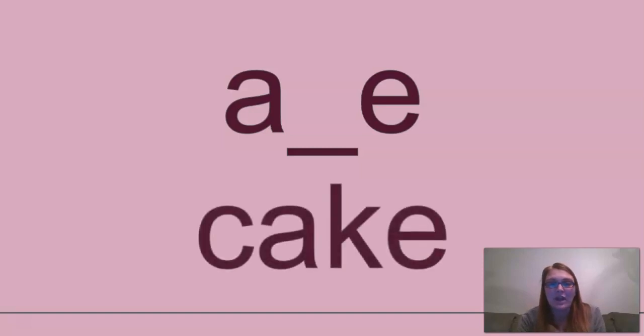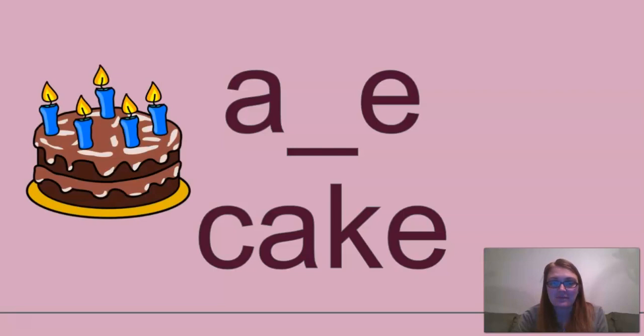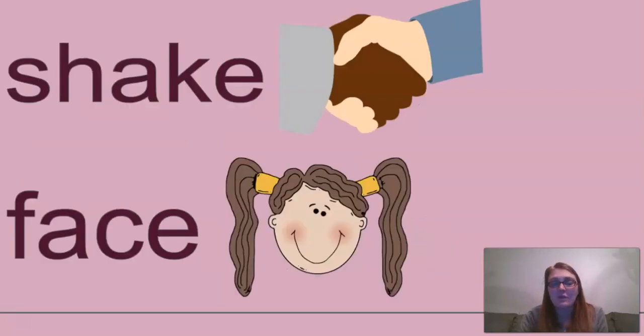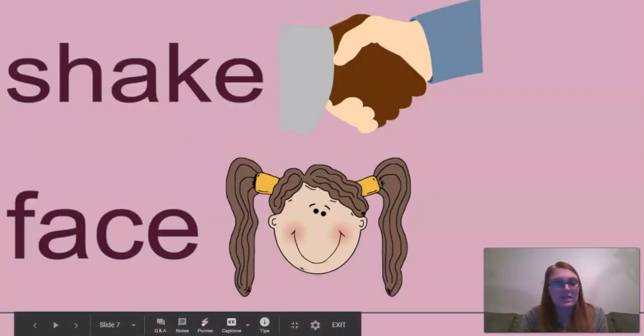Such as the word cake. You hear the A sound, and you see that it's spelled A, space, which is where the K is, E. The A and the E work together to make the A sound. Cake. A few other examples of A space E spellings would be shake and face.